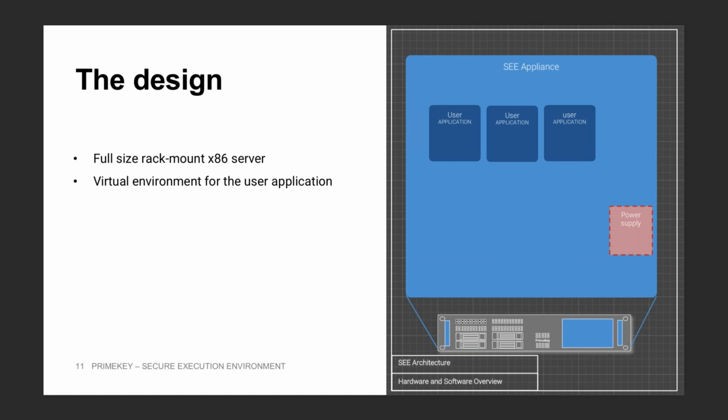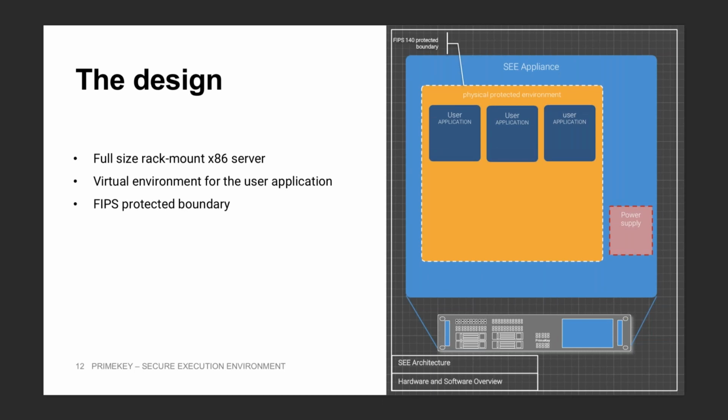The goal is to give virtual machines an application area or a runtime area where they can run safely and securely and are shielded and protected. To do this, we will shield the user applications, the virtual machines, in a FIPS protected boundary.